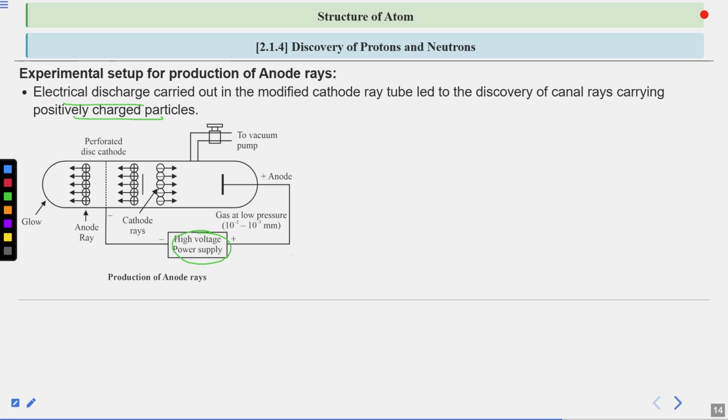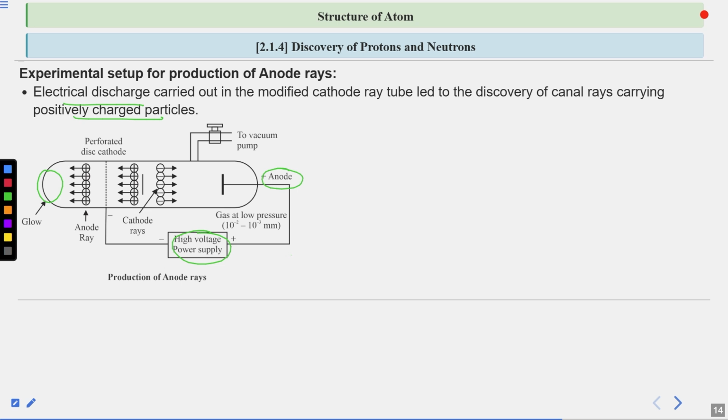Now, how do we make sure that there is a positive charge? In this case, rather than making holes in the anode, we have made holes in the cathode. You can see there are small gaps in between. Through these small gaps, this positive charge will travel and hit here, and this will create a glow at the end.